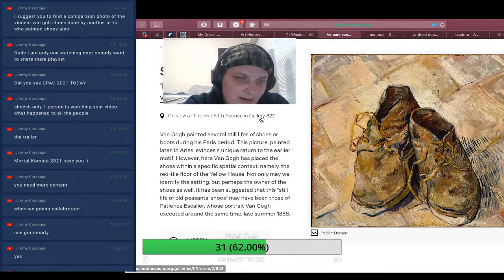Not only may we identify the setting, but perhaps the owner of the shoes as well. It has been suggested that the still life of old peasant shoes may have been those of Patience Escalier, whose portrait Van Gogh executed around the same time, late summer of 1888.